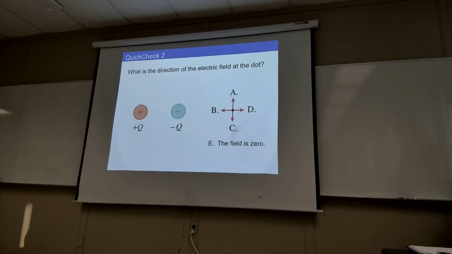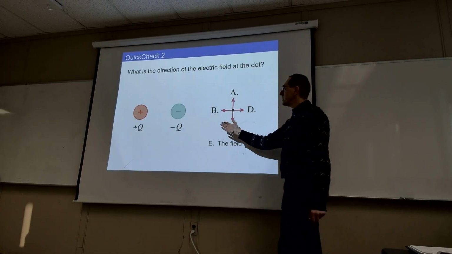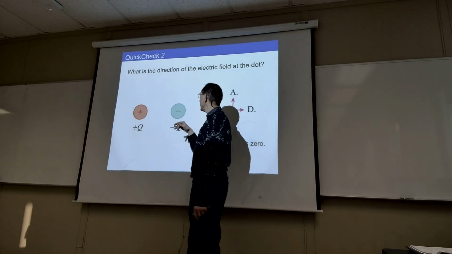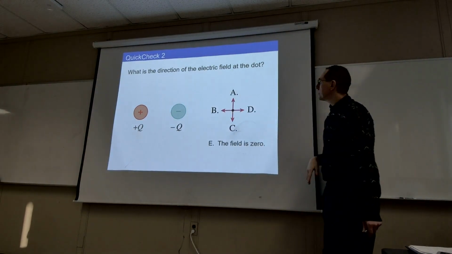All right, let's try this one. Again, two charges, same magnitude, different signs. I'd like to know, what is the electric field at the position of the dot?